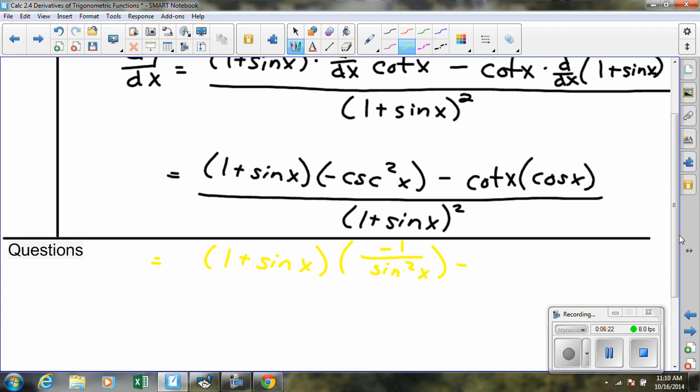Cotangent is cosine over sine, so we'd have cosine squared over sine. Cosine over sine times cosine.